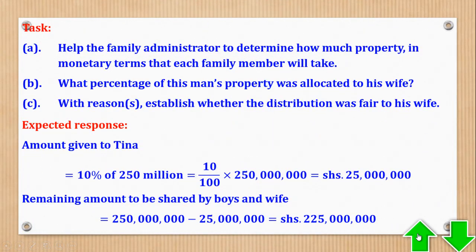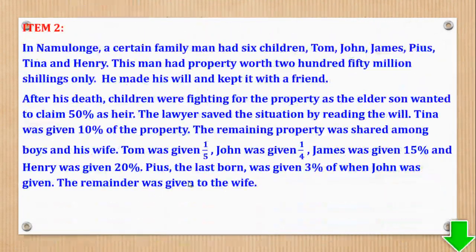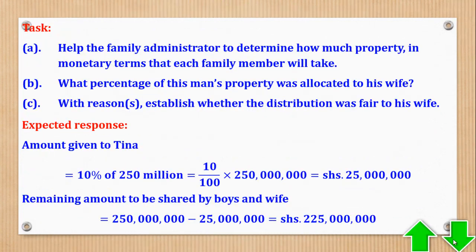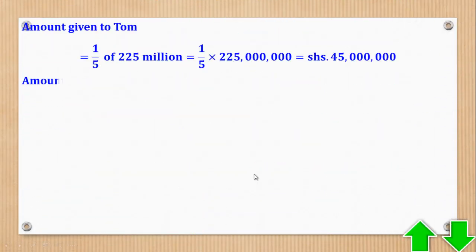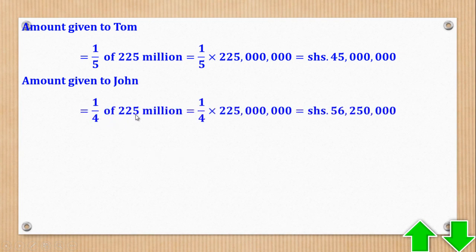That was Tom. Next, from Tom, we go to John. John was given a quarter, so we shall get a quarter of the remaining property, which is a quarter of the 225 million, which gives you 56,250,000 shillings.